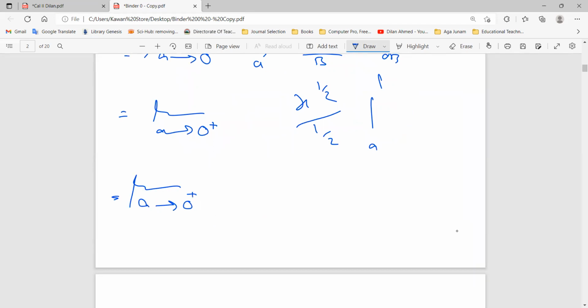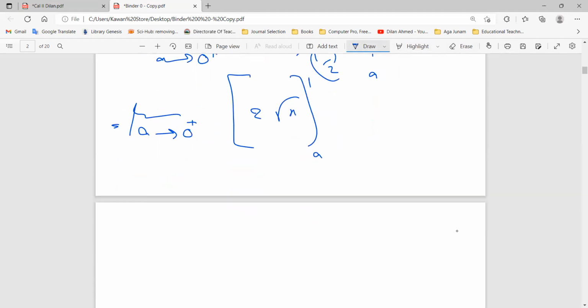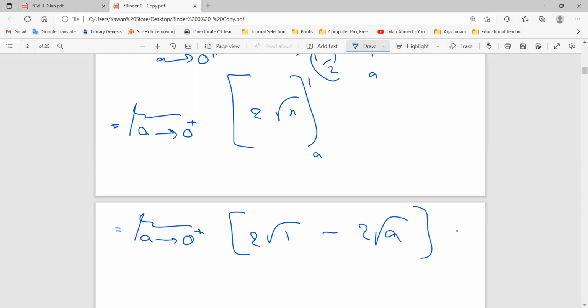The limit is not our problem because we will make it later. So I'll get 2 square root of x from a to 1. Am I right? Now I'm going to substitute the boundaries. So I have 2 upper minus 2 lower.